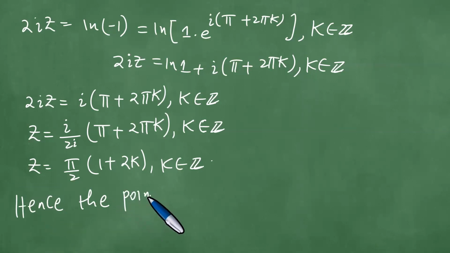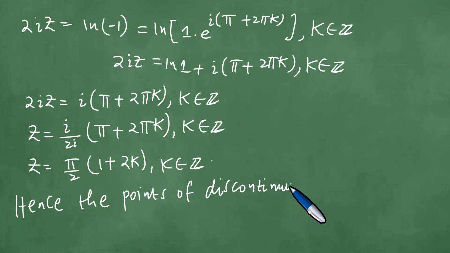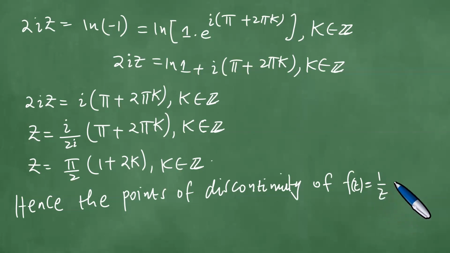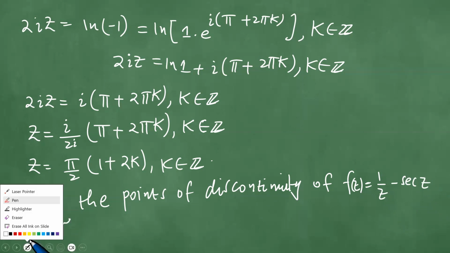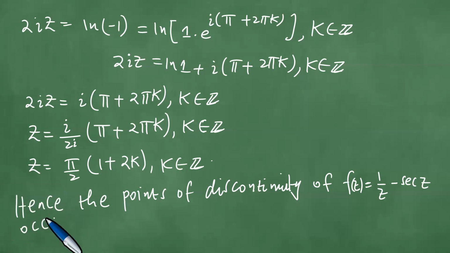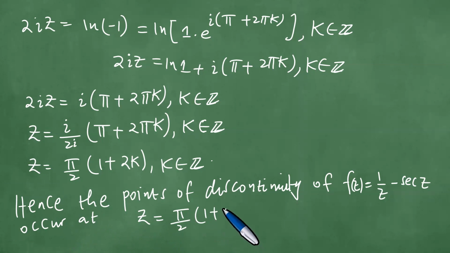Hence the points of discontinuity of f of z equals 1 over z minus the secant occur at z equals pi over 2 into 1 plus 2k, where k is an element of z.